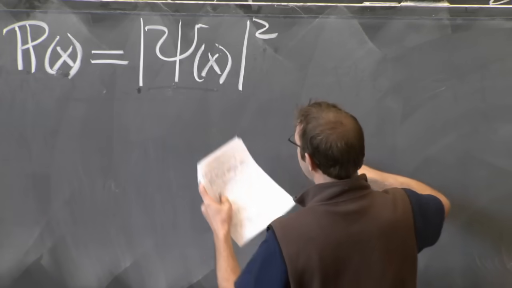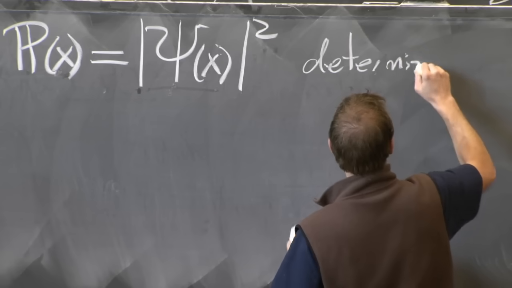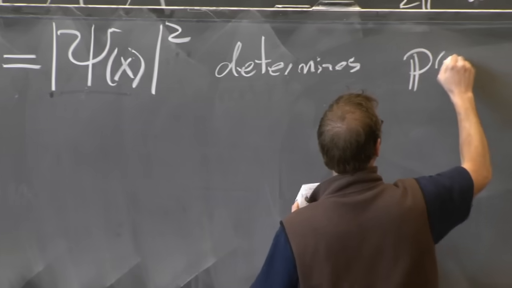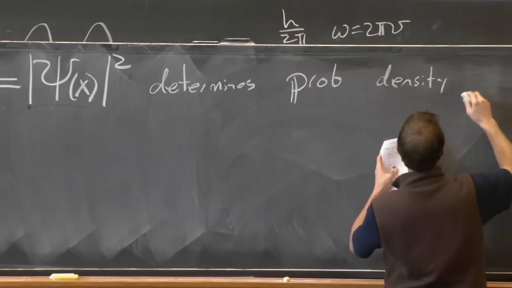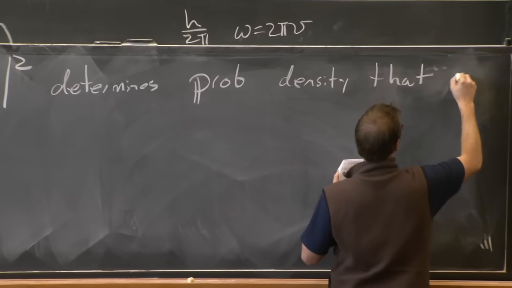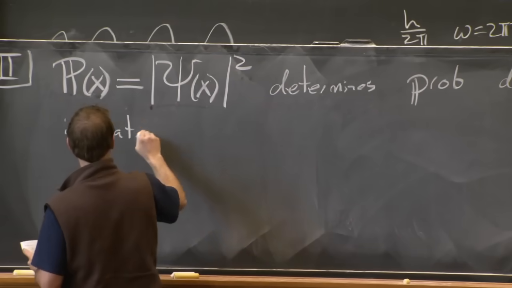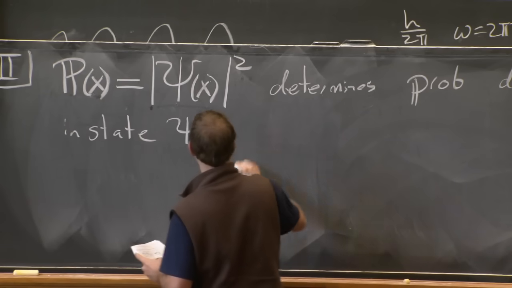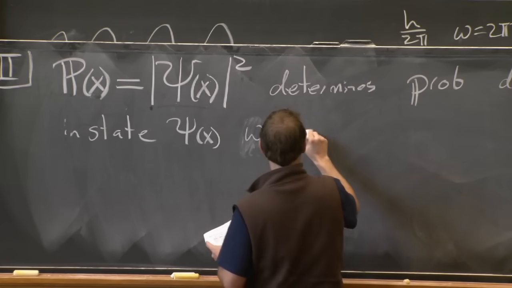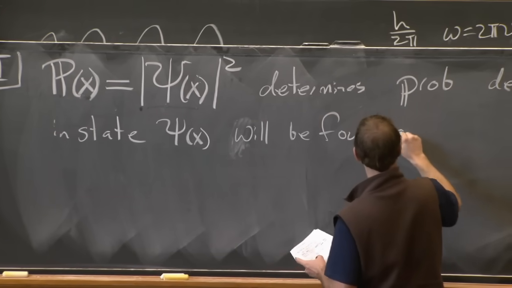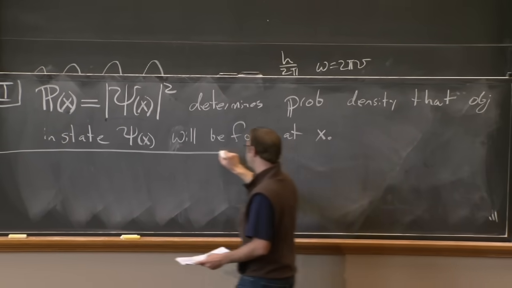So p, which is the norm squared of psi, determines the probability, and in particular the probability density, that the object in the state given by the wave function psi of x will be found at x. Okay? So there's the second postulate.